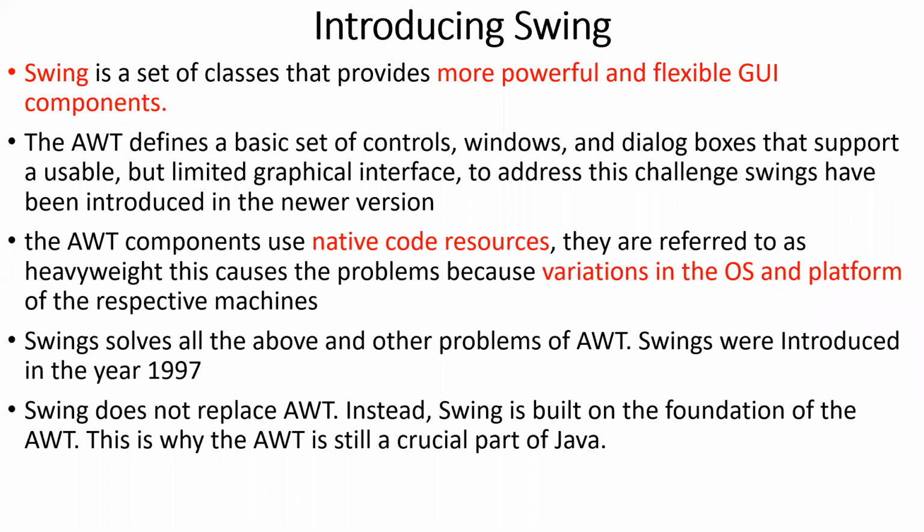These Swing components have been designed with Java, so it depends purely on Java only, and it won't depend on native code resources, meaning RAM, processor configuration, whatever the OS version, anything. Swing will work the same on all machines commonly without any problem.